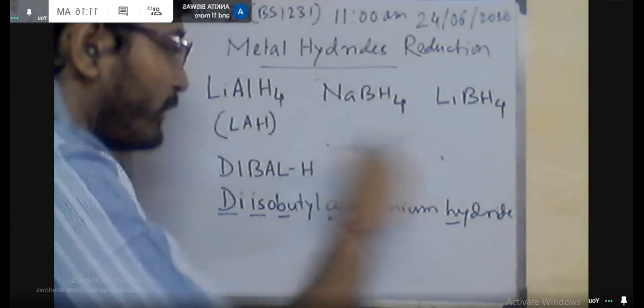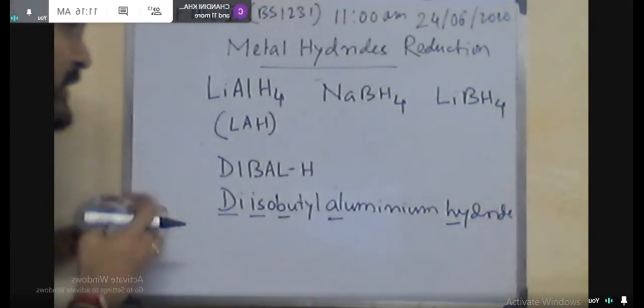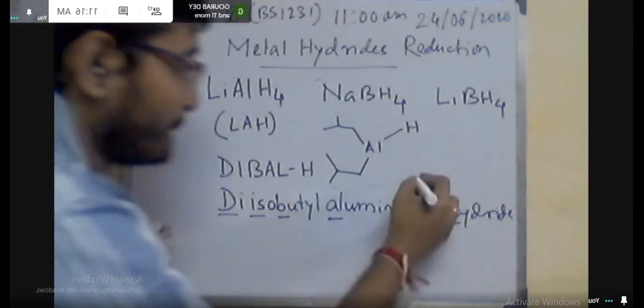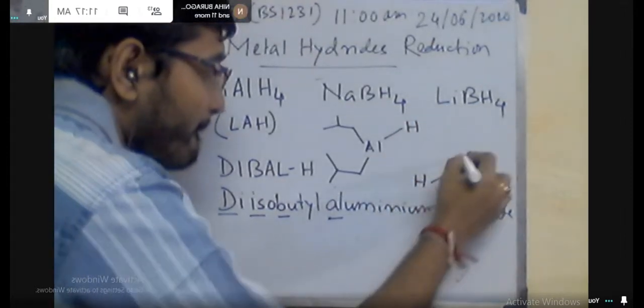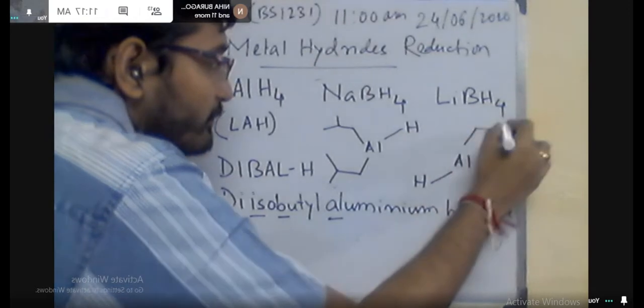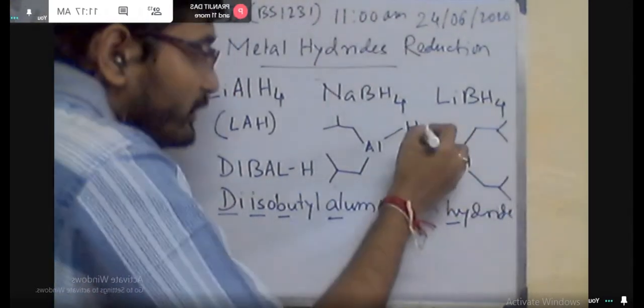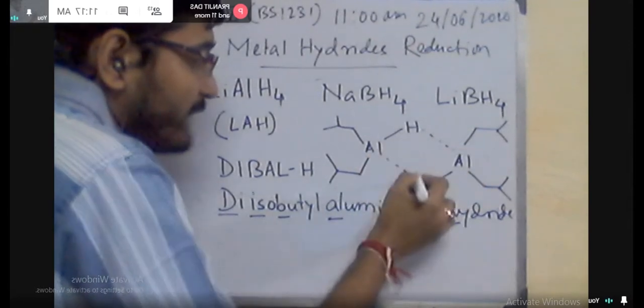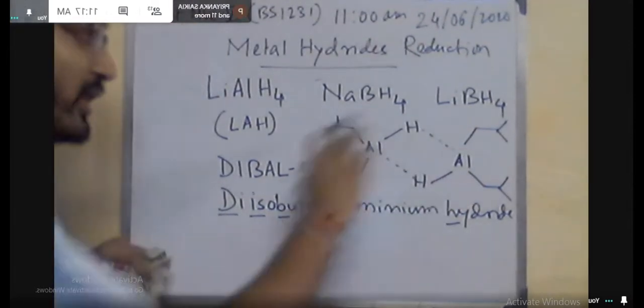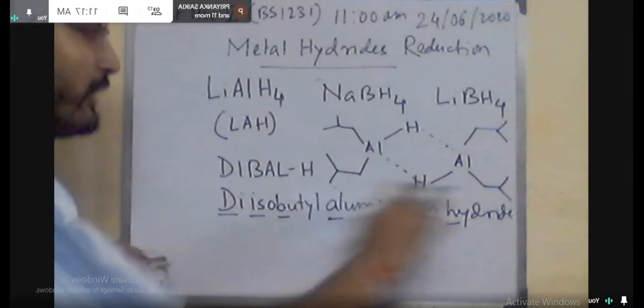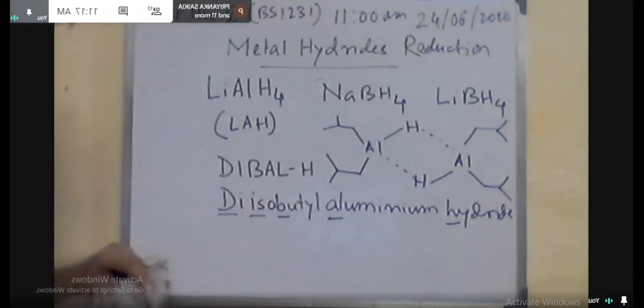Here you get the banana bond, that means a 3-center 2-electron bond, so it remains in the dimeric form. So this is DIBAL-H. Another important reducing agent is sodium cyanoborohydride.